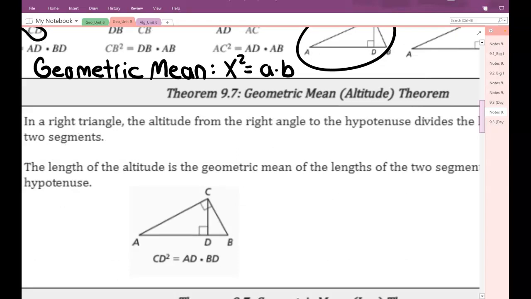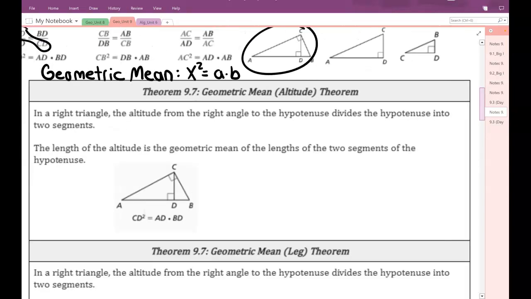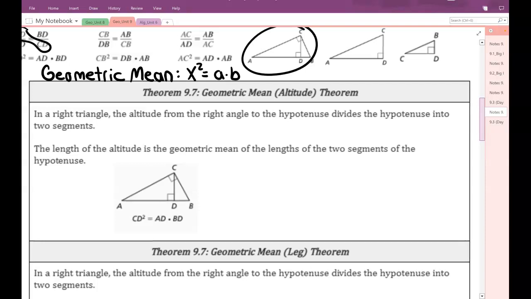So the first one, geometric mean or altitude theorem. So the length of the altitude, so altitude is like the height of your triangle. So here altitude is CD. So the altitude is the geometric mean of the lengths of the 2 segments of the hypotenuse.